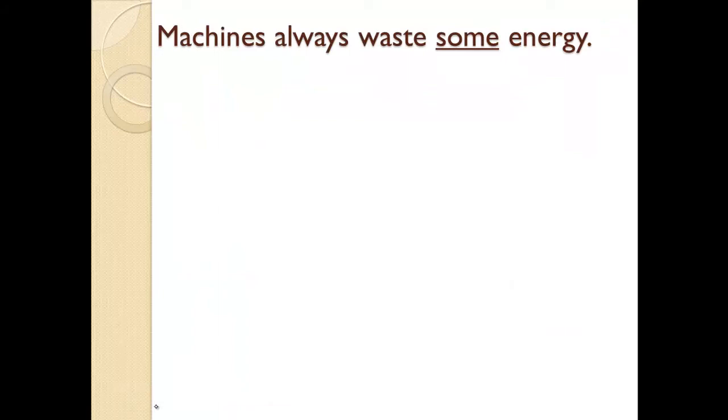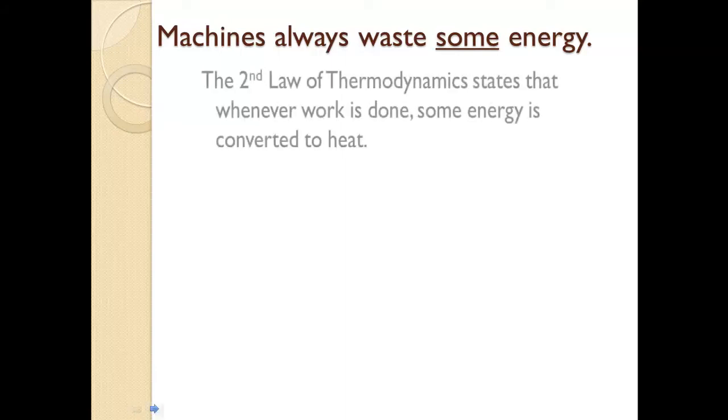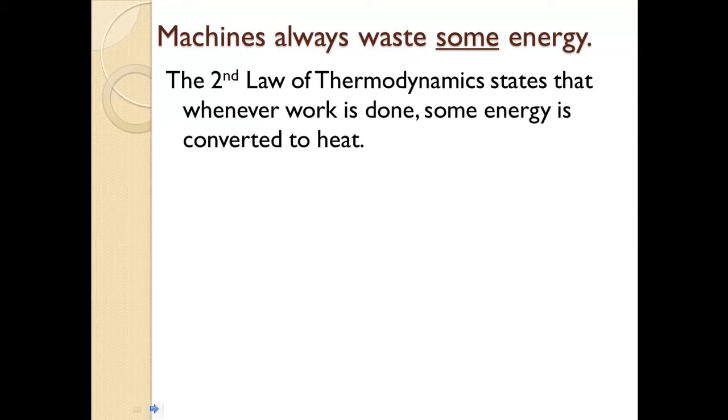So we talked about this idea then that machines are always going to waste some energy. It's not a perfectly efficient machine. And typically speaking, we talk about this waste of energy in terms of heat. This comes from the second law of thermodynamics that you haven't learned about yet, but you will sometime, I promise.